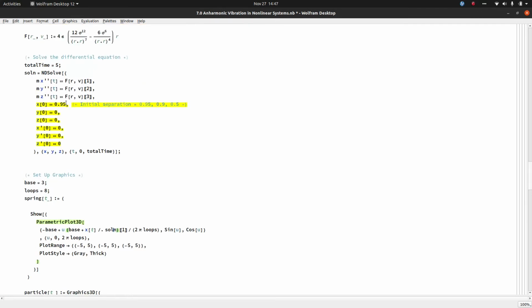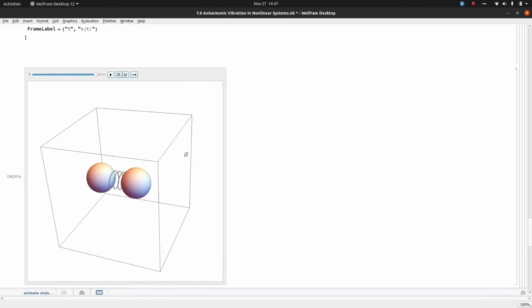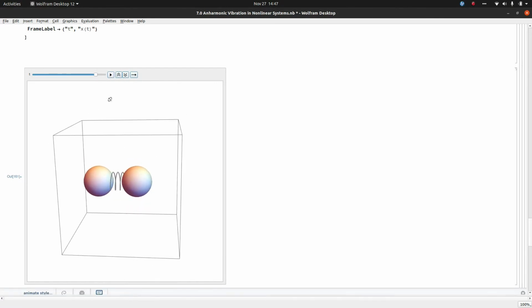But I don't have to get that far away. So remember the bond length is 1. I am going to now do a separation of 0.9, so only 0.1 away from the rest length. And you can see this is going to start to look a little bit different. It's subtle. See if you can see what's going on here.